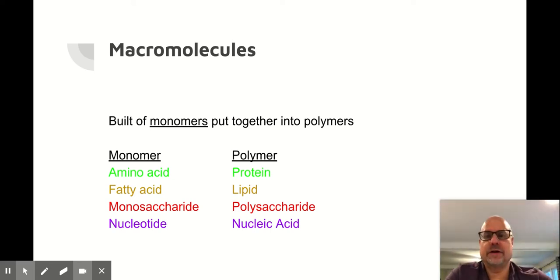Just like an individual pearl is part of a necklace, an individual monomer is part of a polymer. Just like a pearl necklace is made of individual pearls that are all pretty much the same, a polymer is made of individual monomers strung together that are all pretty much the same.